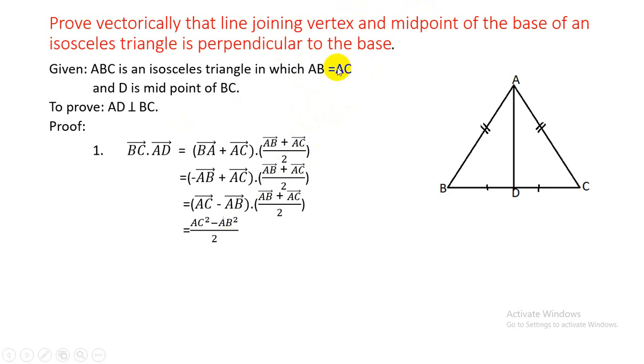Now replace AB with AC: AC square minus AC square, AC square cancels, 0 by 2, that is equal to 0. It means the product of BC and AD is equal to 0. Now we can say that AD is perpendicular to BC. Proved.